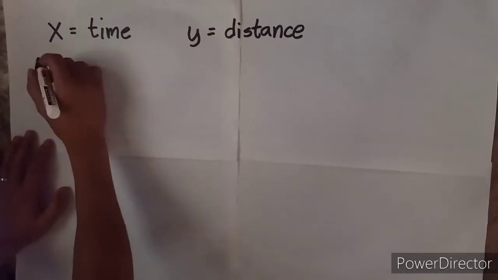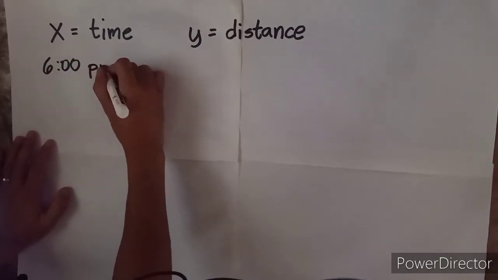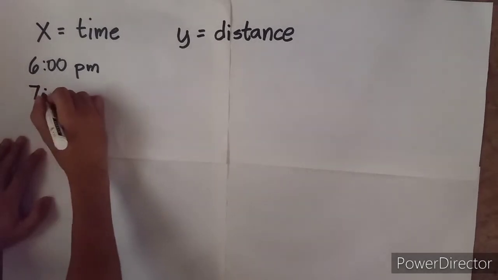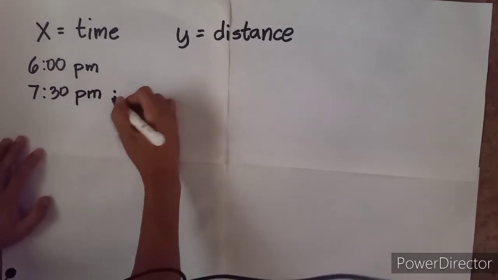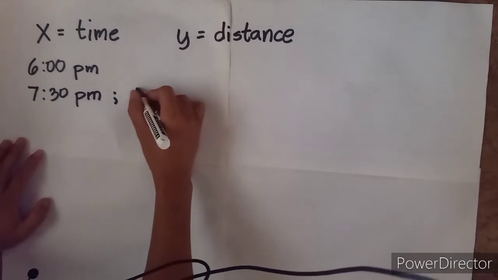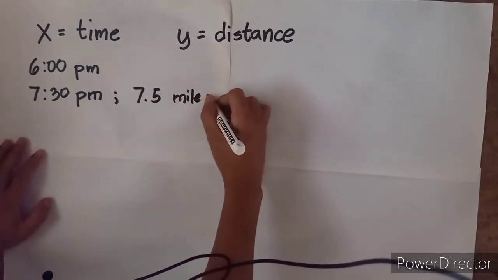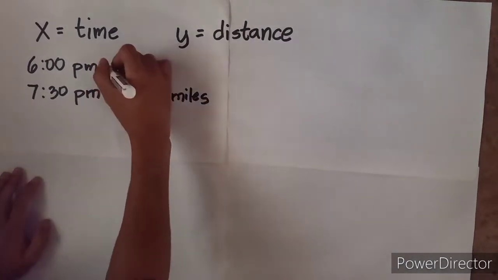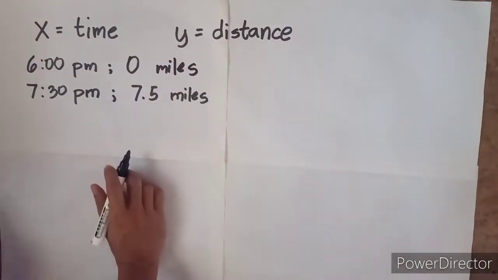The first point is at his house, where his watch read 6 p.m. The next point is when the athlete finishes the run at 7:30 p.m., in which he ran a total of 7.5 miles. As we can see, when we start the run, there's no distance yet, so we put 0 miles at 6 p.m.